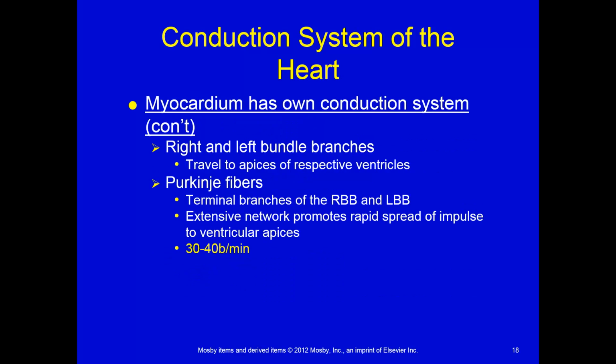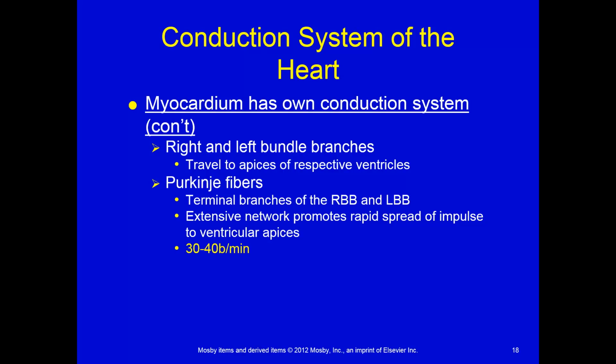Okay, now, going back to the bundle of His. From the bundle of His, as I mentioned, it branches off into the right and the left bundle branches. And these bundle branches are what travel down into the apices, so these lower, sort of deep south parts of the ventricles, respectively, both the right and the left side. Then even from the bundle branches, they branch off even more into these little tiny fibers called Purkinje fibers, right?